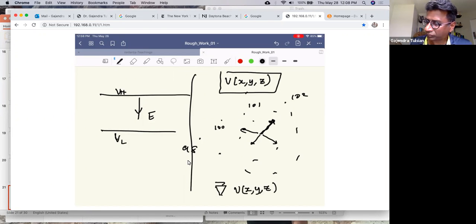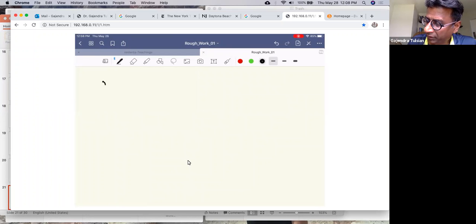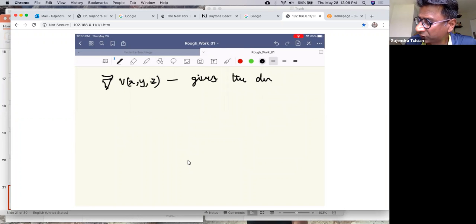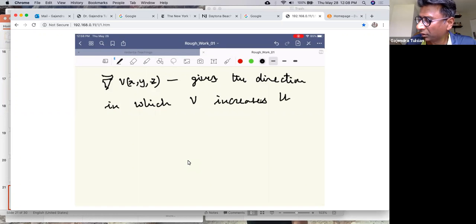Okay, so the gradient of the function gives you the direction in which V increases the fastest, as well as the rate at which it increases.